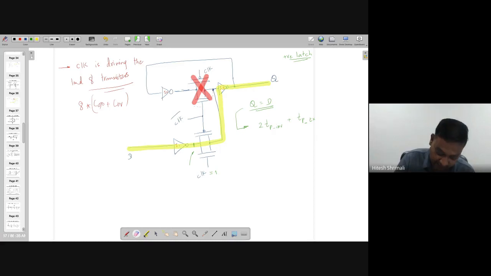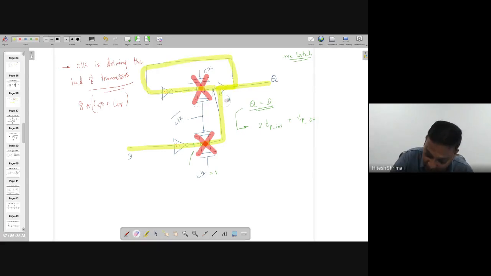And when it's a reverse thing, I would say that I need to... when it's reverse one, this is going to be off, and at the same time this becomes on. Look at this. There is a loop.